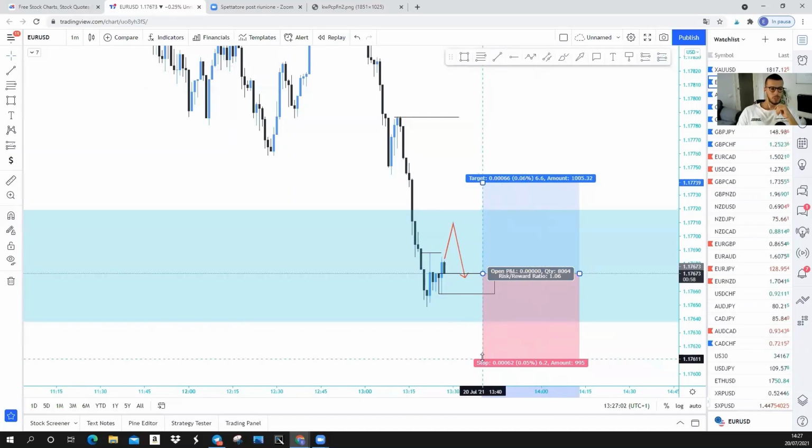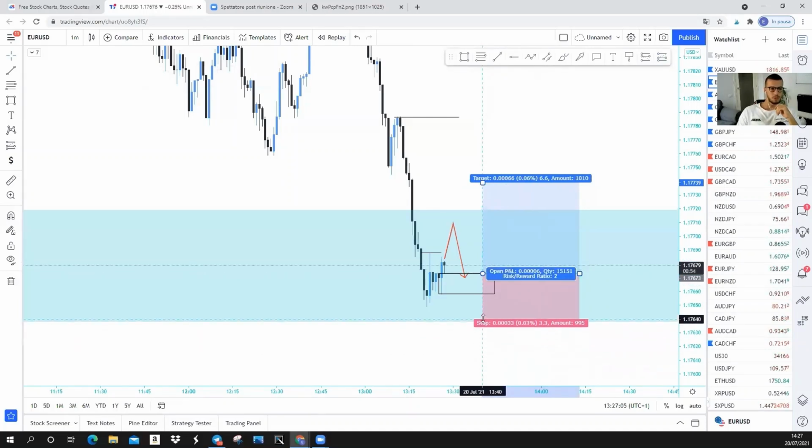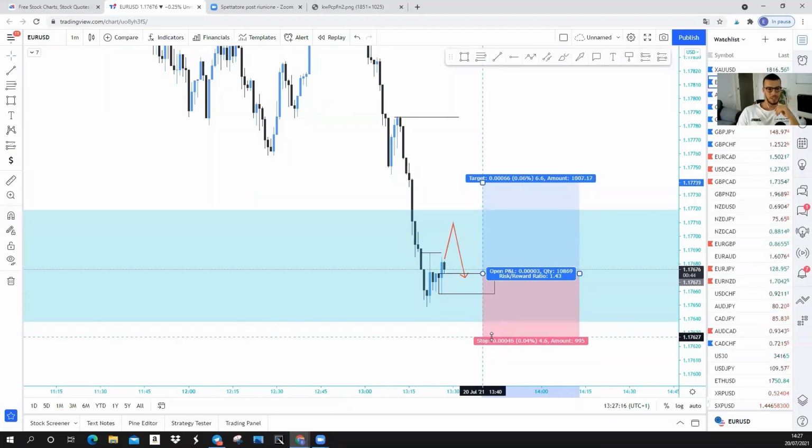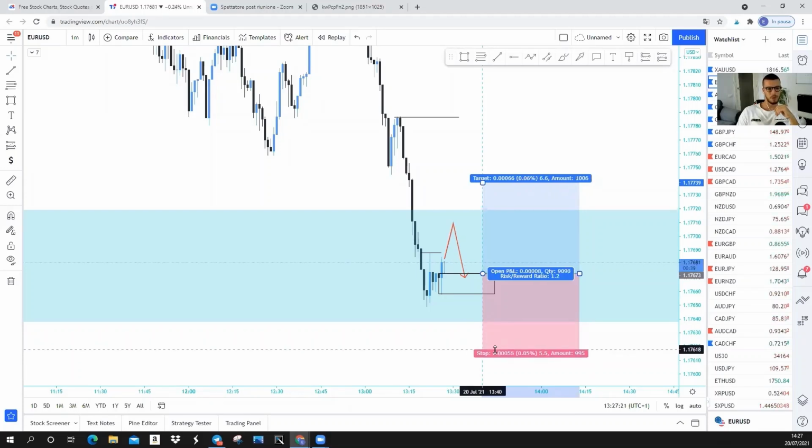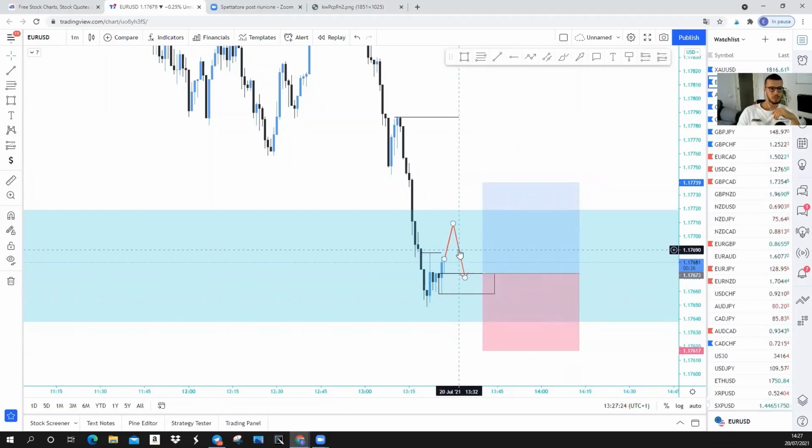I could actually go with the stop loss down here, even if I could put it right here, very, very aggressive. I could put it right here, better, but still aggressive. I'll give it a 5 pip stop loss, 5.5 maybe, 5.5, 5.6.